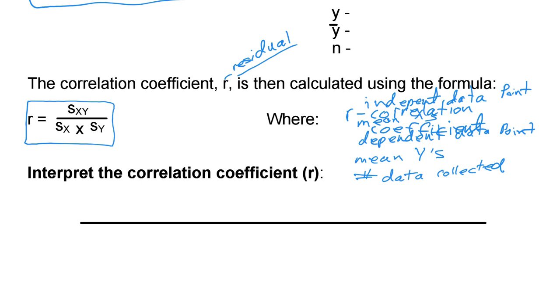The correlation coefficient gives a number between -1 and +1. Where the following occurs. If we have a 0, there is no correlation. There's no relationship between the x and the y variables.